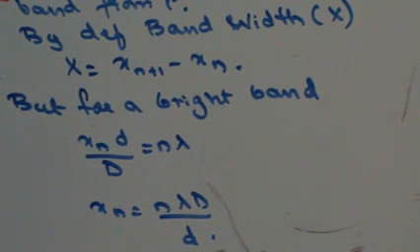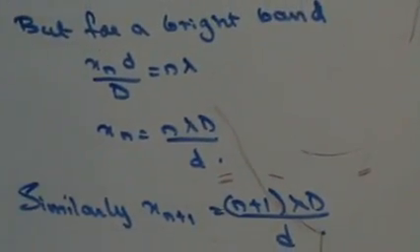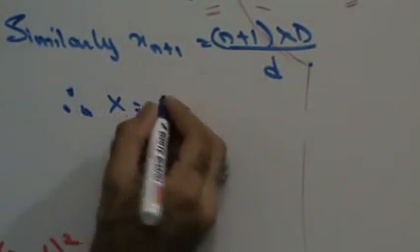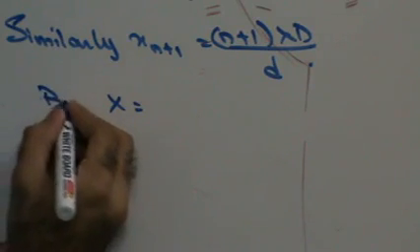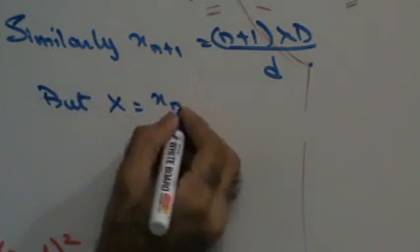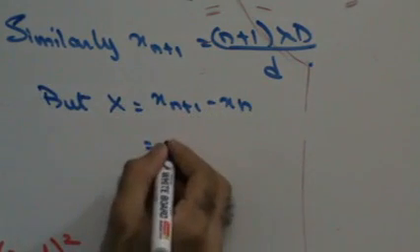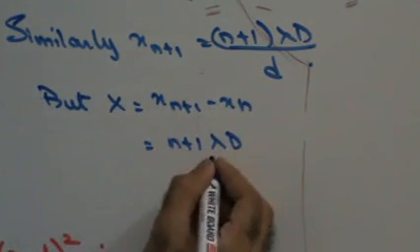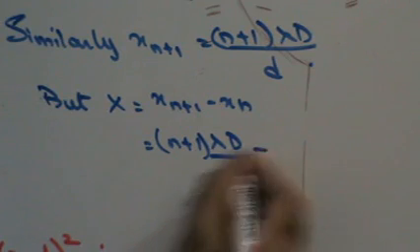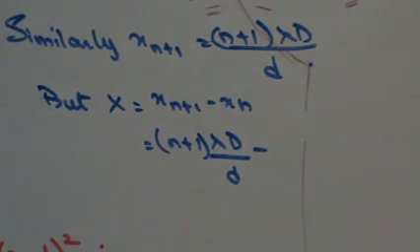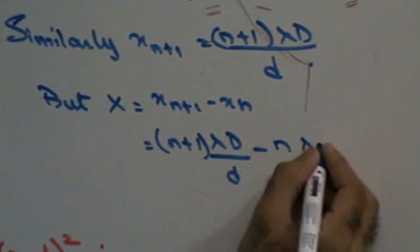Similarly, xn plus 1 is equal to (n + 1) lambda D by d. Therefore fringe width is xn plus 1 minus xn, so that is (n + 1) lambda D by d minus n lambda D by d.